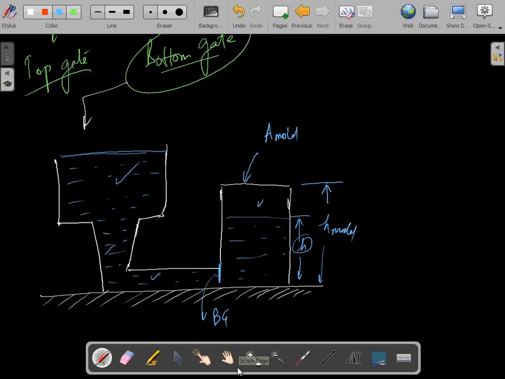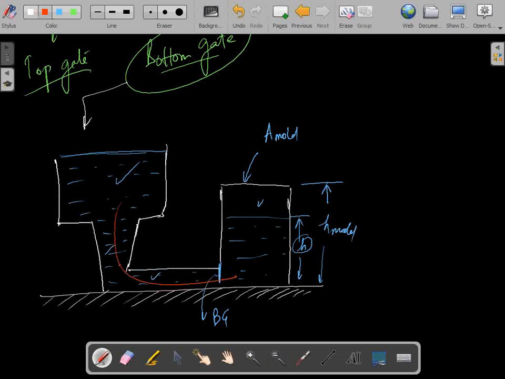Now there are some very important aspects to a bottom gate. As you can see, with a bottom gate, the molten metal is entering the mold from the bottom. When it is coming from the bottom, it forces the air up and out of the mold, so there is no air entrapment in the mold.